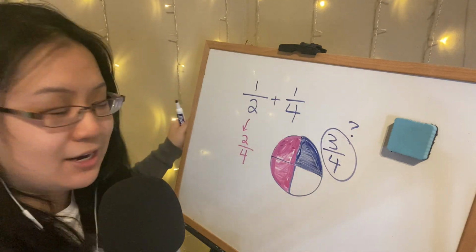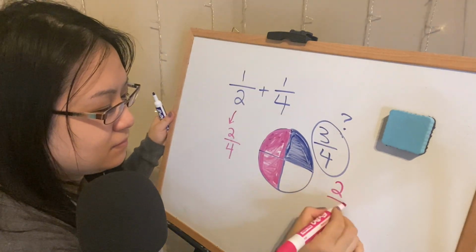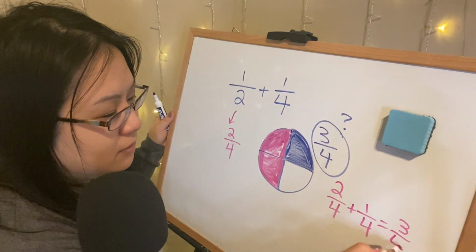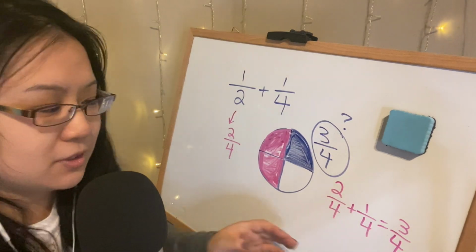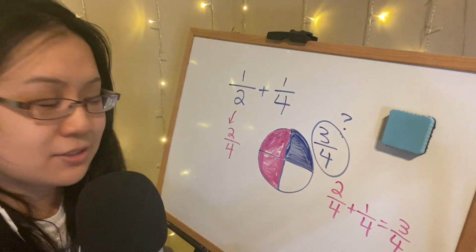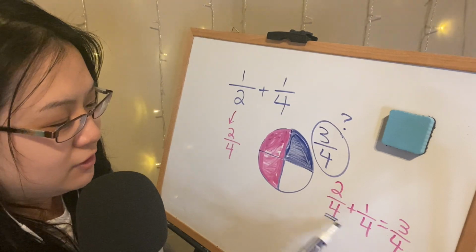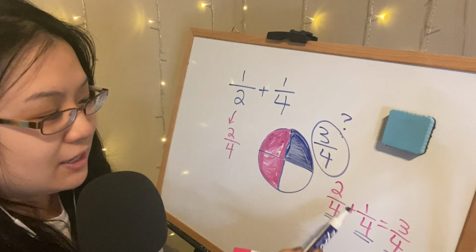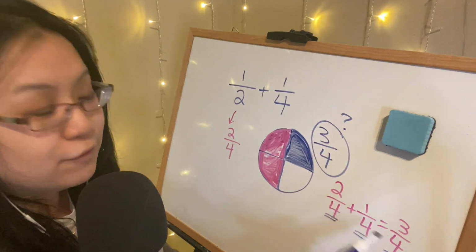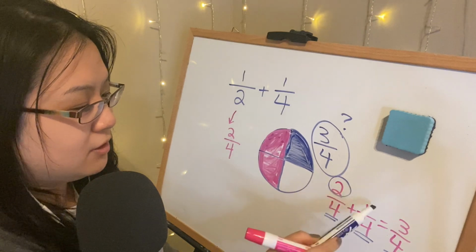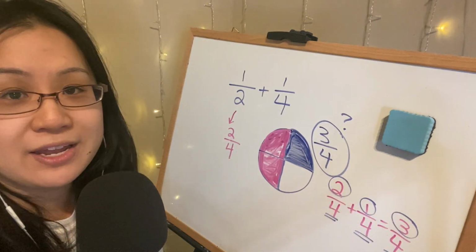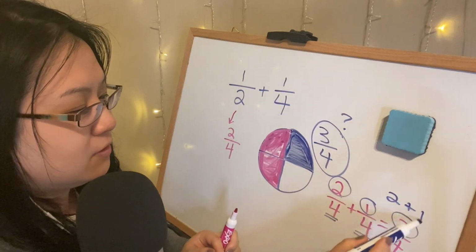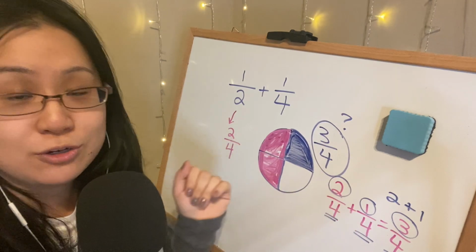So if you want to write that out, two-fourths plus 1/4 is 3/4. If you're a visual learner, you can add in some colors and emphasize that you keep the 4s and you go ahead and add the tops. So I can make a note that you add the numerators.